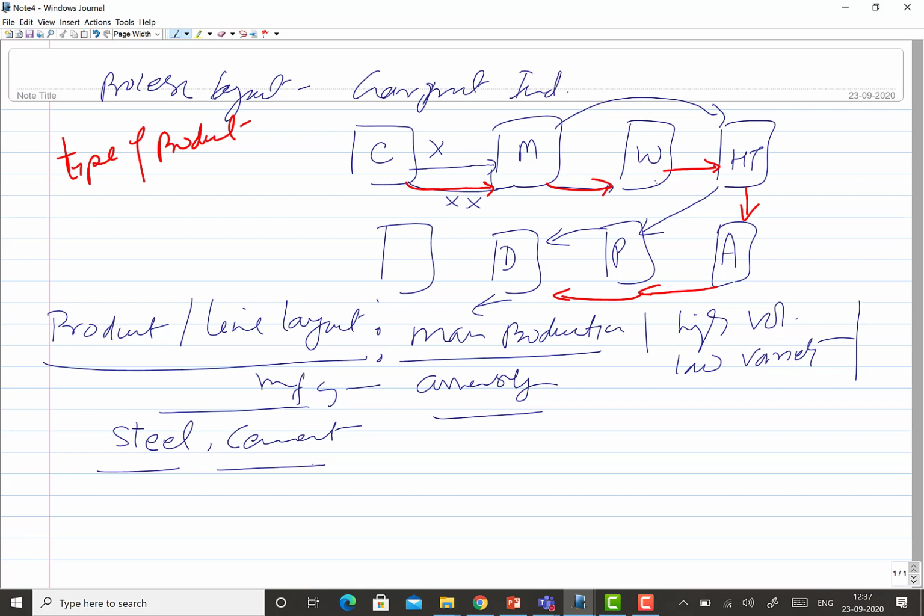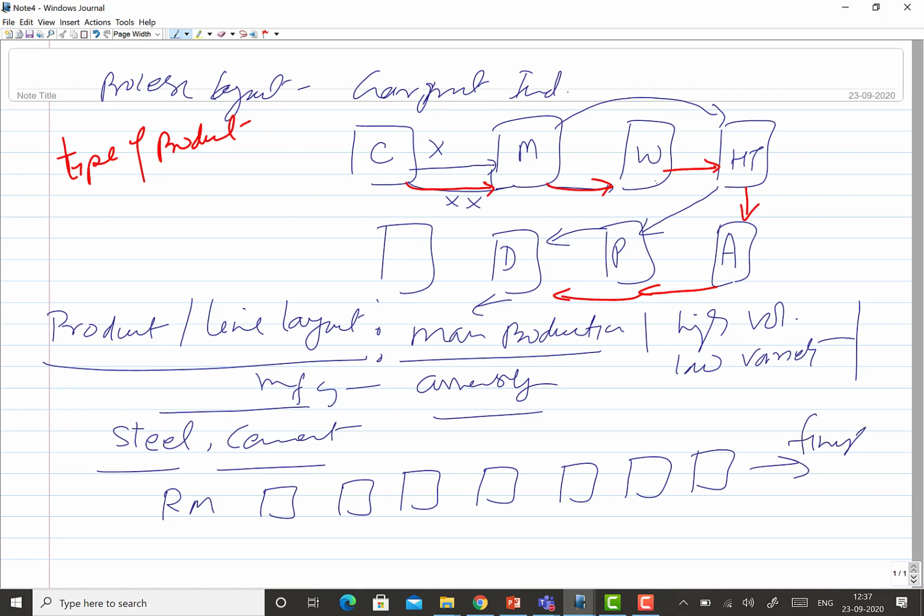So depending upon the kind of product and the volume, there can be a single line starting from the raw material, with the material being processed in a number of stages, and at the end we get the finished product.